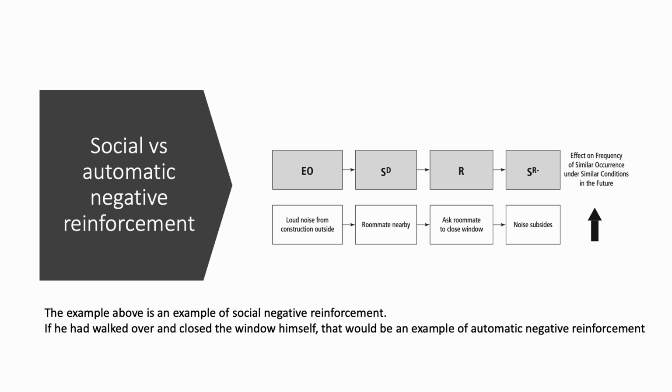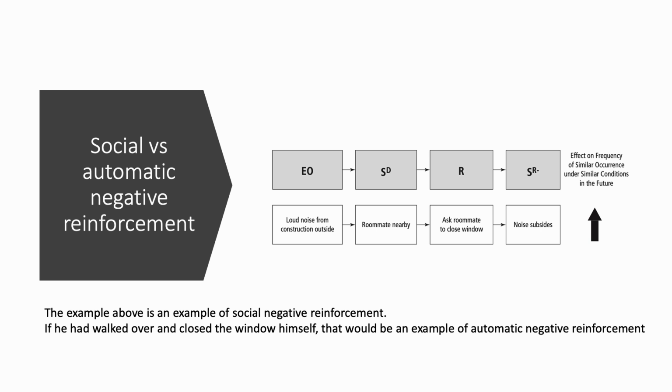In some of the examples that I've given you guys, I've provided examples of social negative reinforcement, or automatic negative reinforcement. So the difference between these is really whether the reinforcer is being delivered through somebody else, or whether we are engaging in behavior to gain access to that reinforcer ourselves.